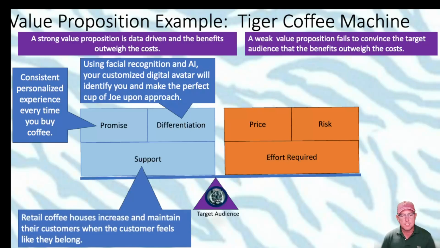And the support is that these retail coffee houses will increase and maintain their customers when the customer feels like they belong. That's kind of the support, the evidence we have.